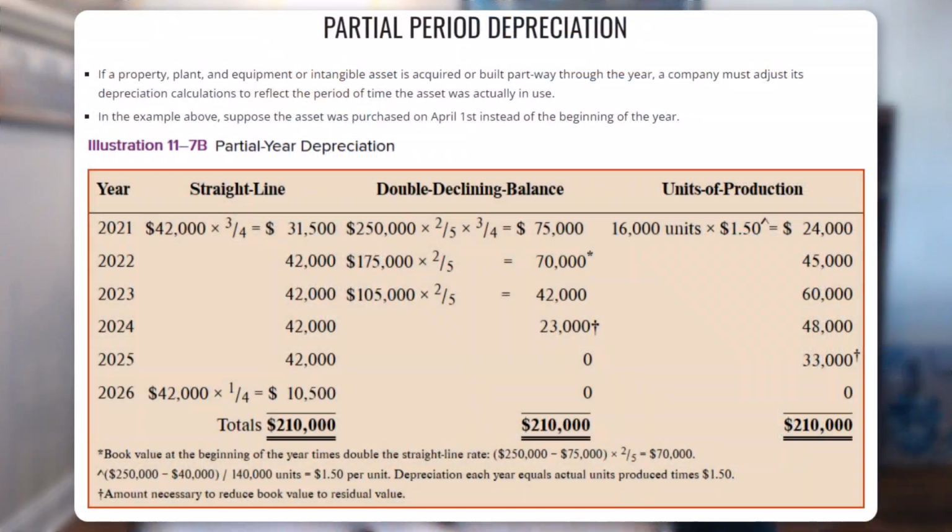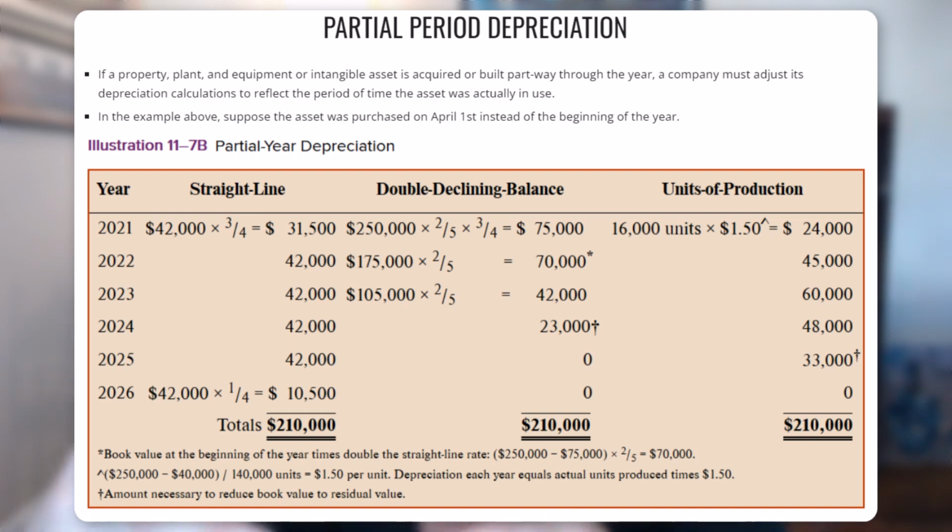So we're going to adjust for what are called partial periods. Partial periods have to do with situations where we buy or build an asset that we need to depreciate, but it doesn't get placed into service, we don't start using it until partway through the year.